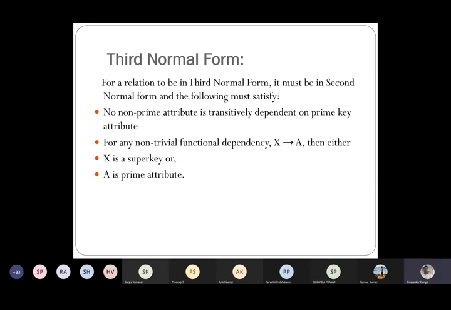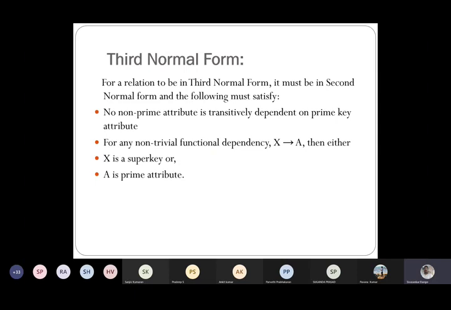Right? So next topic is third normal form. For a relation to be in third normal form, it must be in second normal form, and it should satisfy the following requirements.